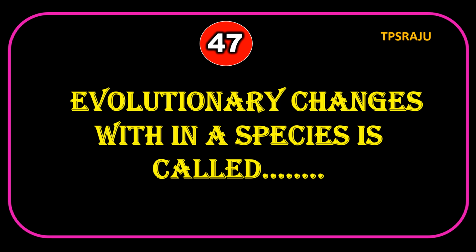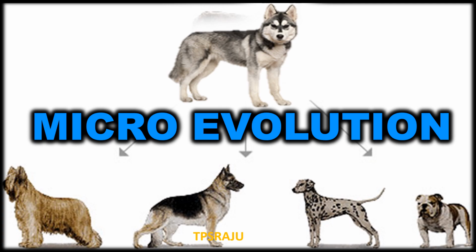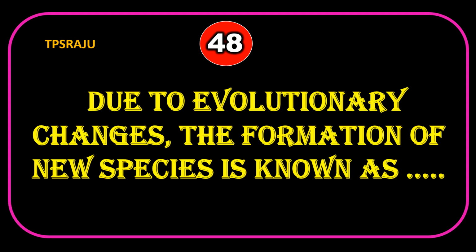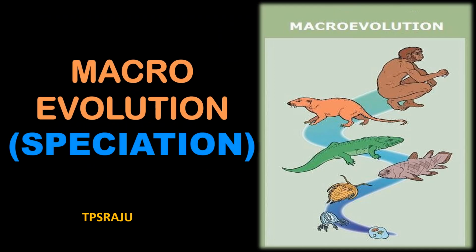Evolutionary changes within a species is called microevolution. Due to evolutionary changes, the formation of new species is known as macroevolution or speciation.